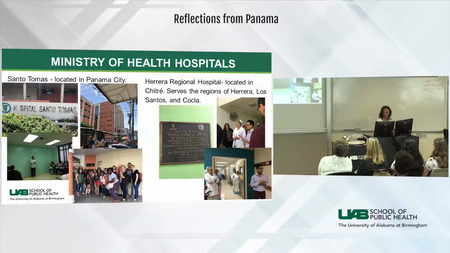Santo Tomas is a Level 3 hospital and provides the highest level of care through the Ministry of Health. Currently, the hospital includes a maternity ward, emergency department, outpatient clinics, internal medicine, general surgery, and an infectious disease ward, and also medical specialties. Santo Tomas is the location for specialties for these people without private or Social Security insurance.